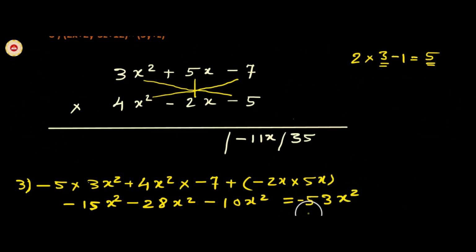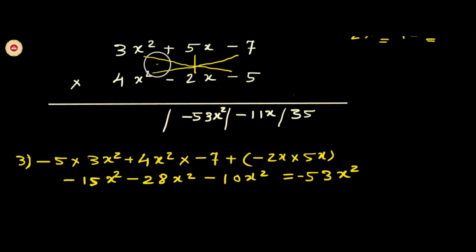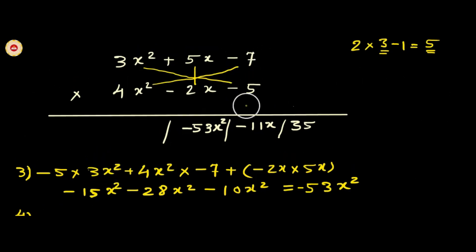So minus 53x squared is the answer of the third step. Draw a slash. Now, the fourth step. What is the fourth step?